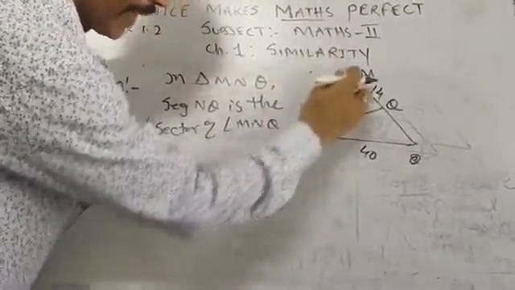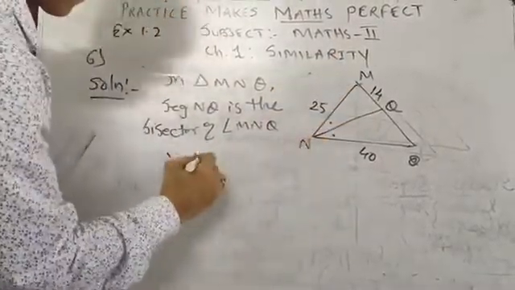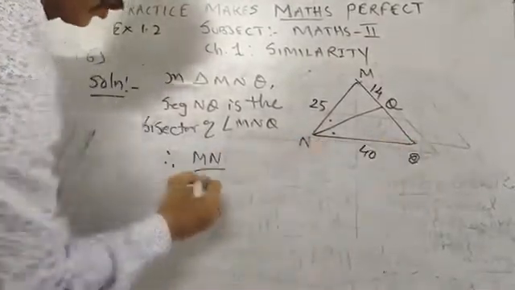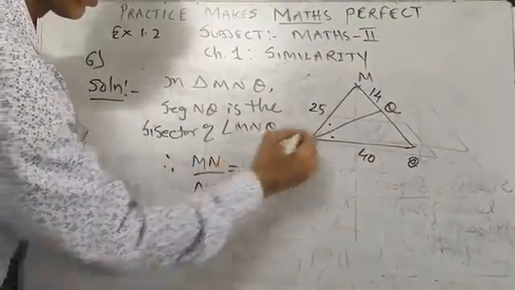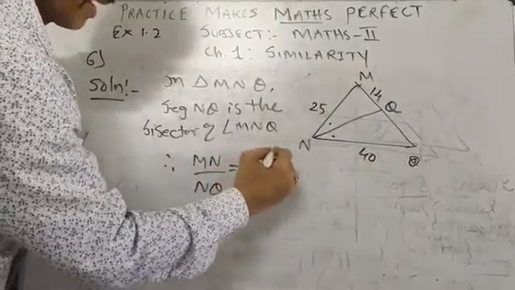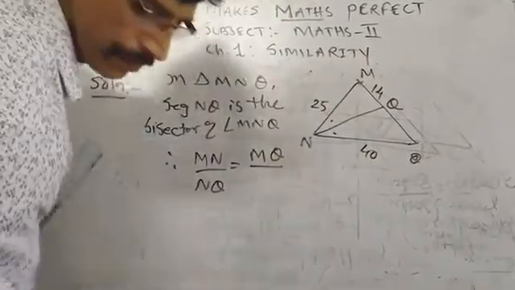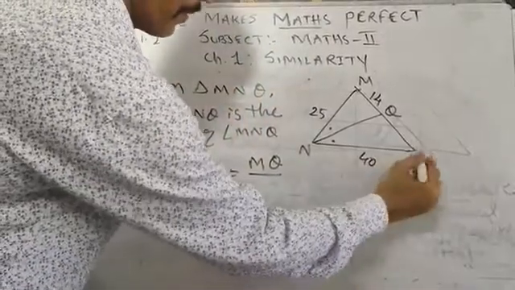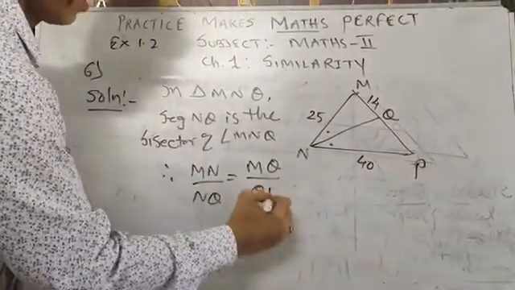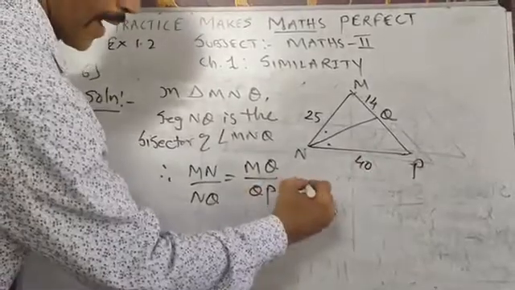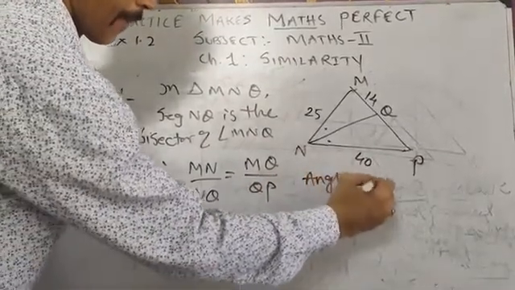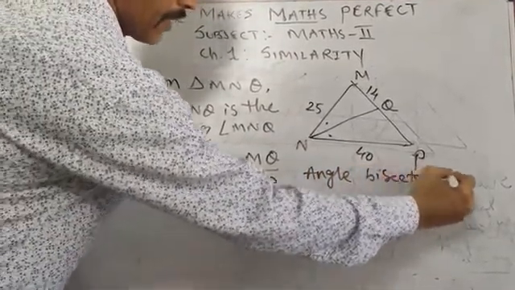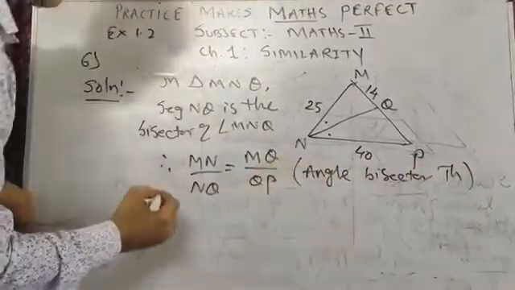So house step we will take MN upon NP. MN upon NP is equal to MQ upon QP, by the angle bisector theorem.